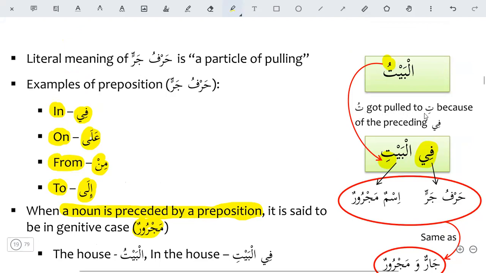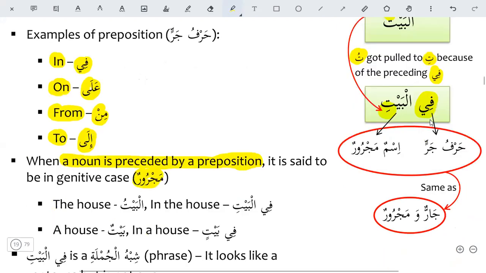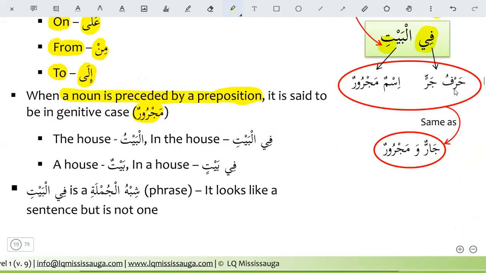The dhamma got pulled to kasra because of the preceding fi. Fi is a harf jar.